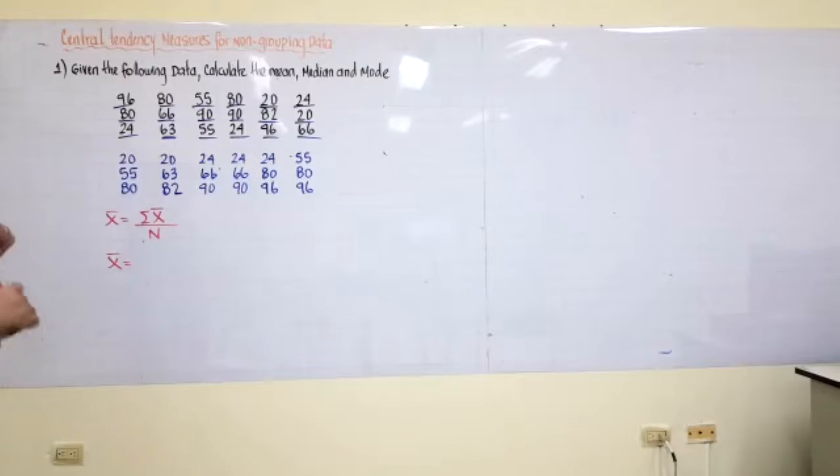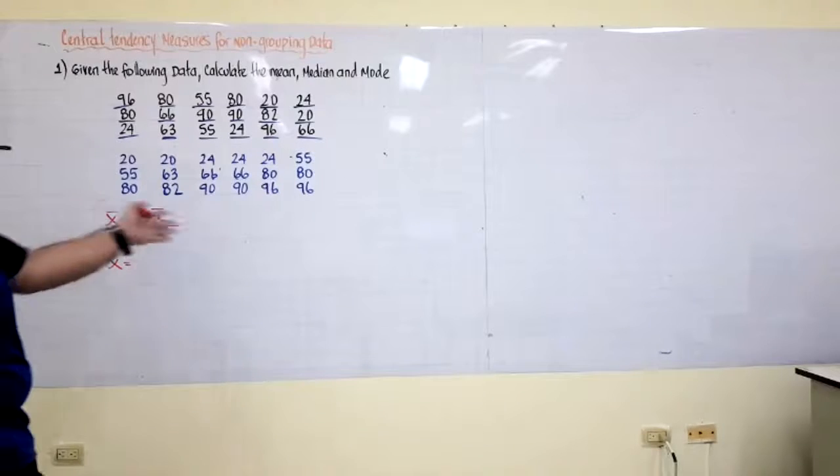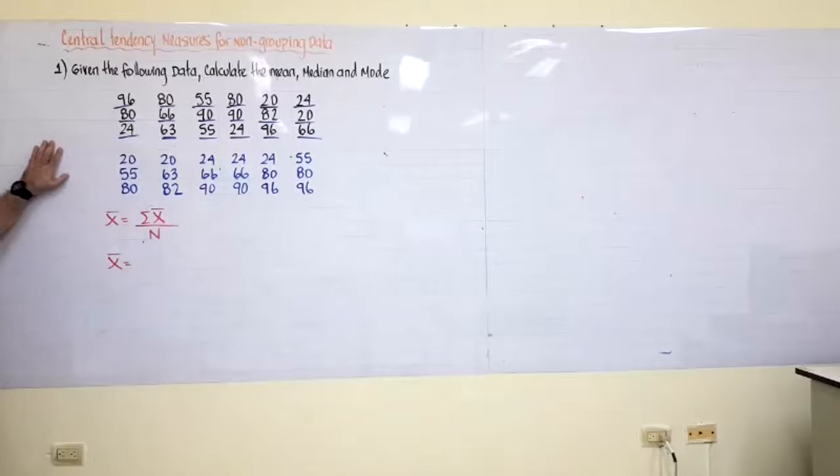Give me a hand. 20 plus 20 plus 24 plus 24 plus 24 plus 55. Give me the final result, please. El resultado final. Por lo menos de la suma de los numeritos en azul.